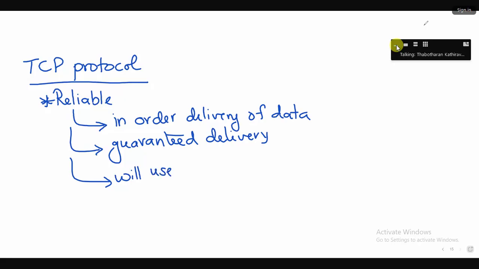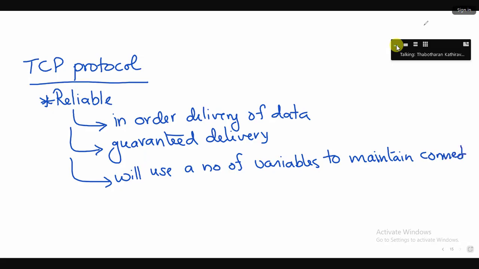It also will use a number of variables to maintain connection information, or connection state.